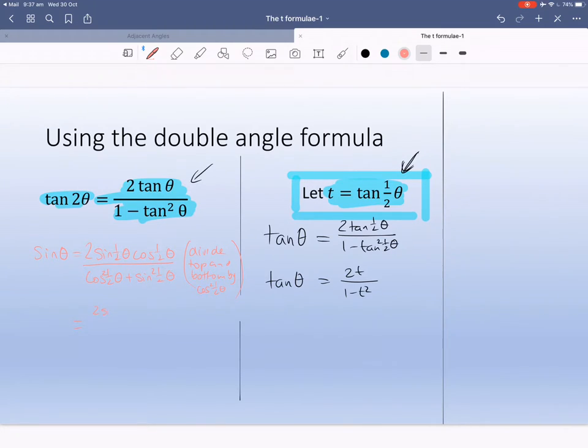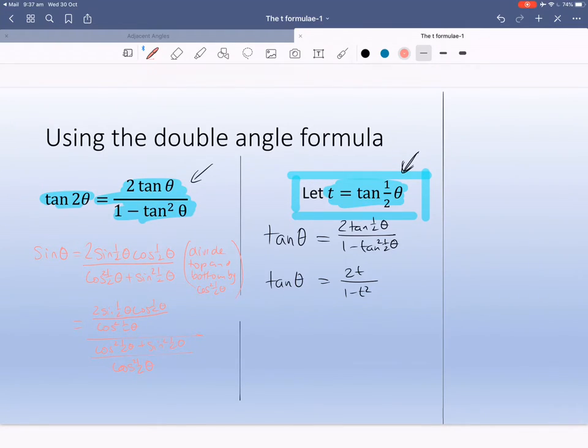On the top, it's 2 sine half theta cos half theta over cos squared half theta. So that's my first division. And then the second one, I'm going to put over cos squared half theta.